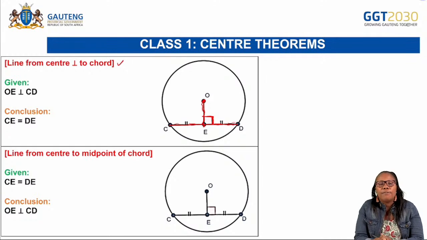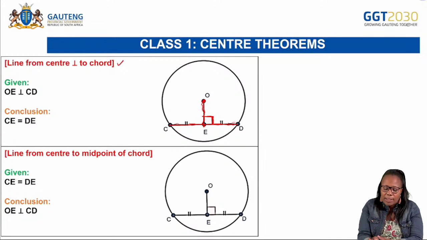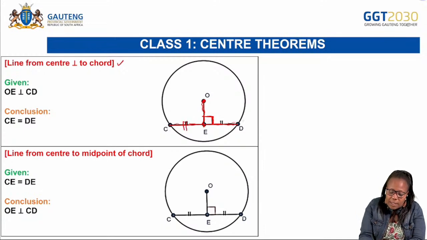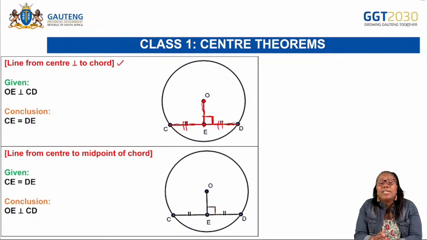If that information is given to you, you can now conclude that CE is equal to the ED line. So we simply state that the line CD is bisected. To bisect is to cut into two equal parts.